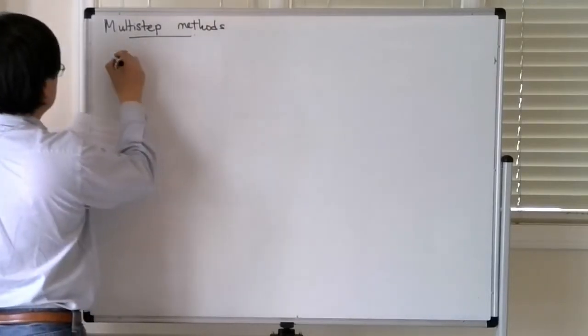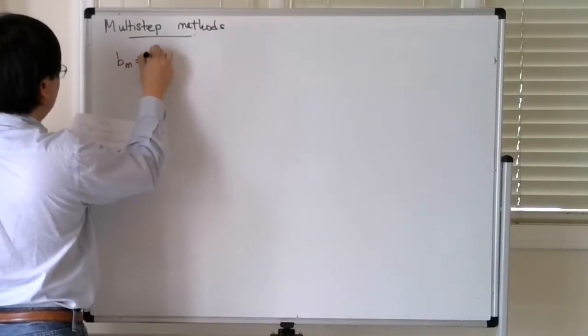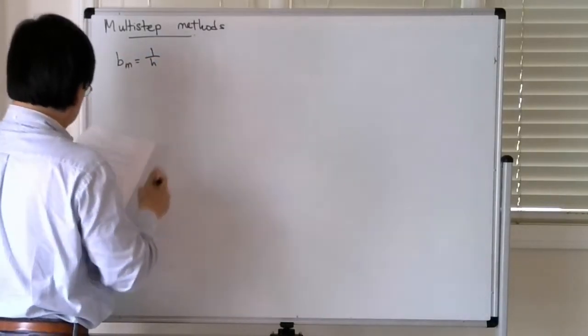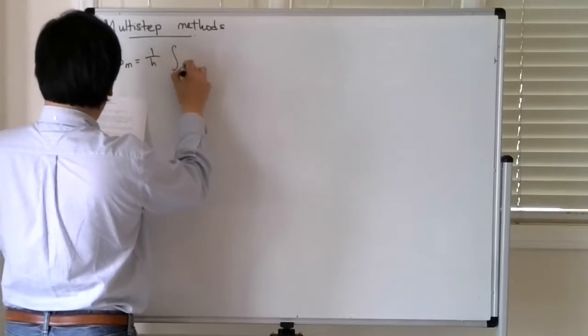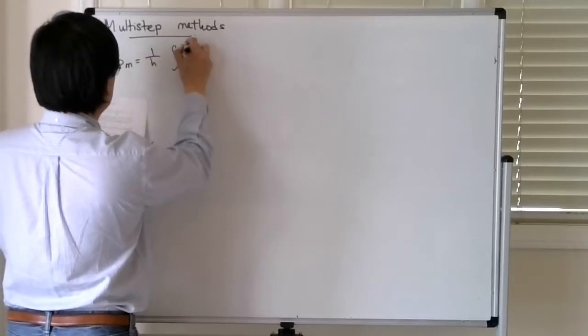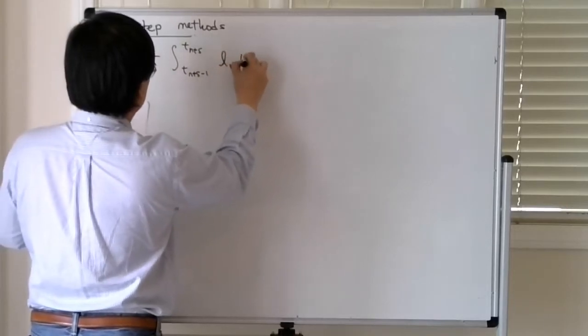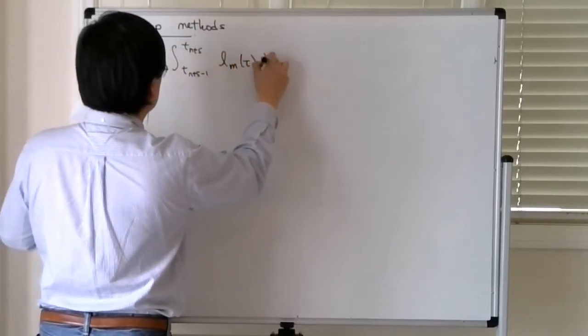So b_m is 1 over h times, because if you recall, I factored out this term h here, the integral from t_{n+s-1} to t_{n+s} of this Lagrange interpolating polynomial.